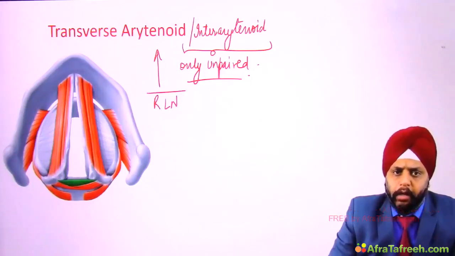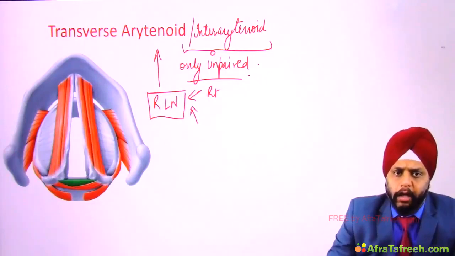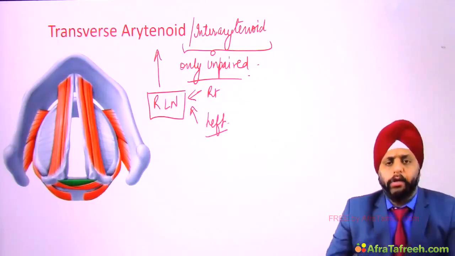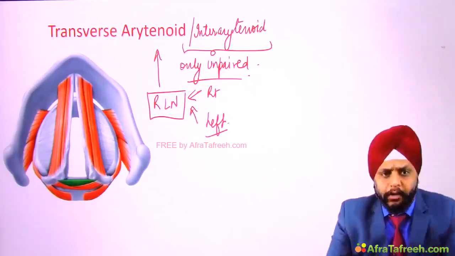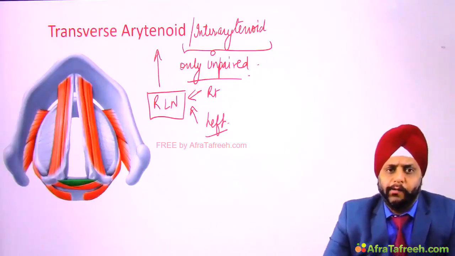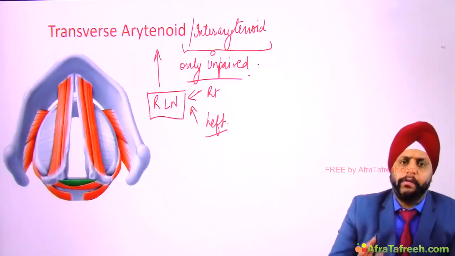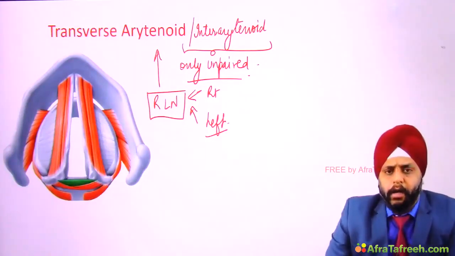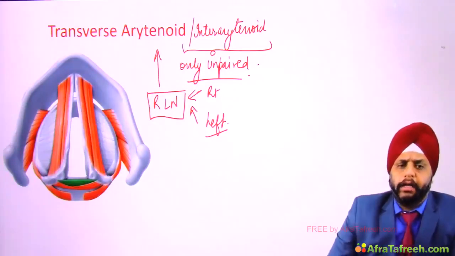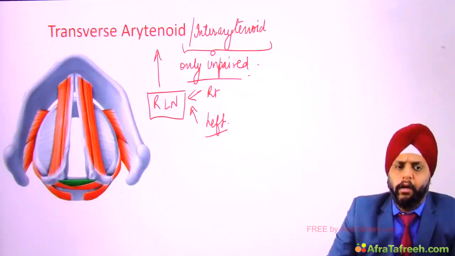It is supplied by the recurrent laryngeal nerve, both the right side and the left side. Both the recurrents, the right and the left, supply the transverse arytenoid muscle. So this is the only unpaired muscle and is supplied by both the right and the left recurrent laryngeal nerve. Clear? All right.